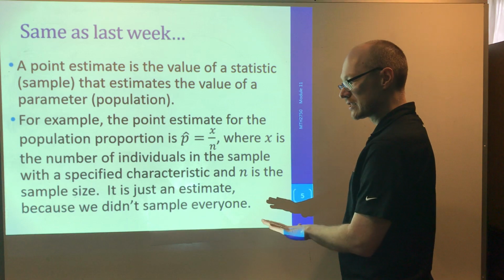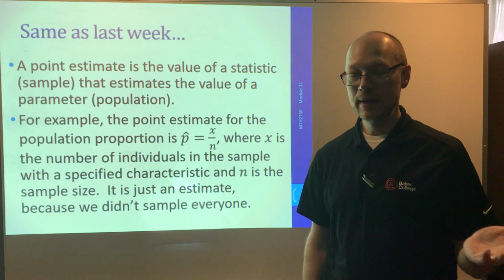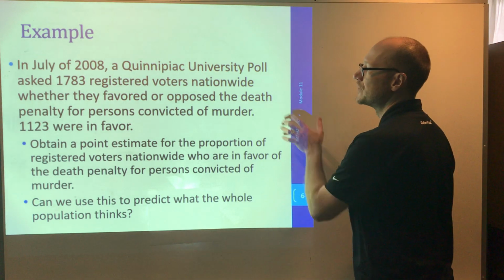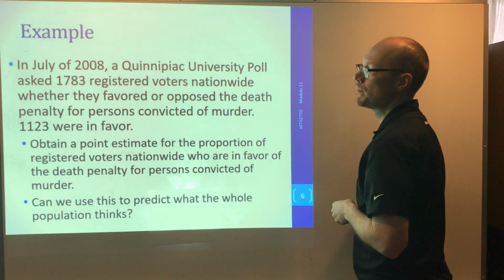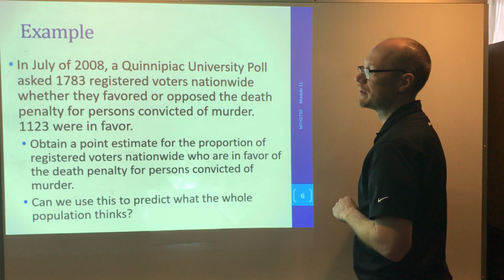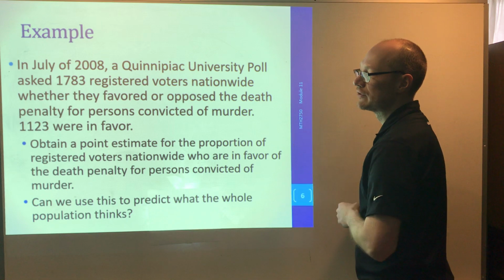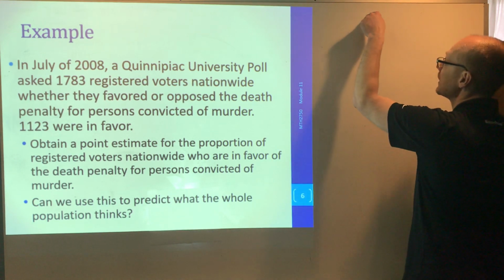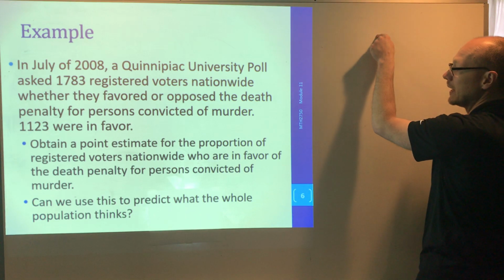It's just an estimate because we didn't sample everyone. So let's say we've got this Quinnipiac University poll. 1,783 people were asked if they favor or oppose the death penalty for persons convicted of murder, and 1123 said they were in favor. If we did a point estimate, that would just be 1123 divided by 1783.